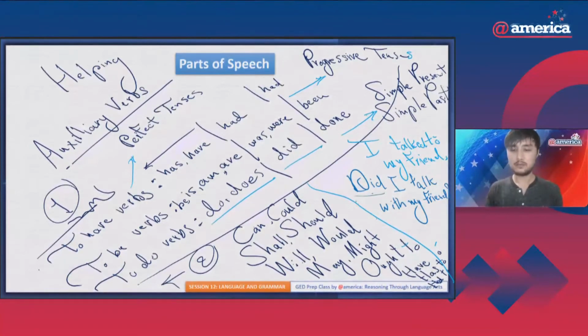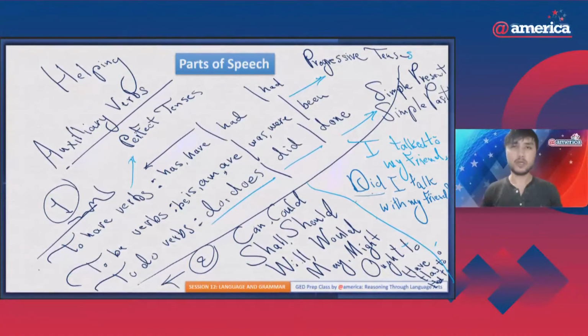Thanks to to-do verbs, we can change simple tenses into questions as well. If you have a simple present tense sentence, for instance, I teach English. Do I teach English? He sings well.